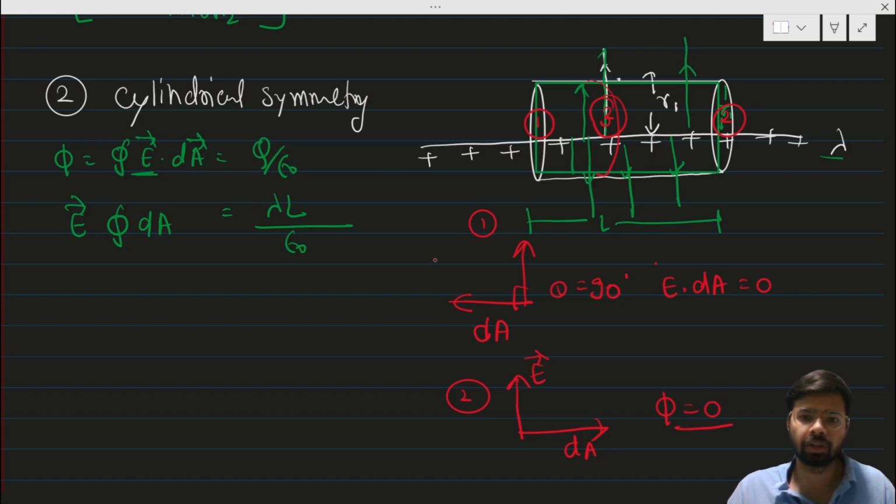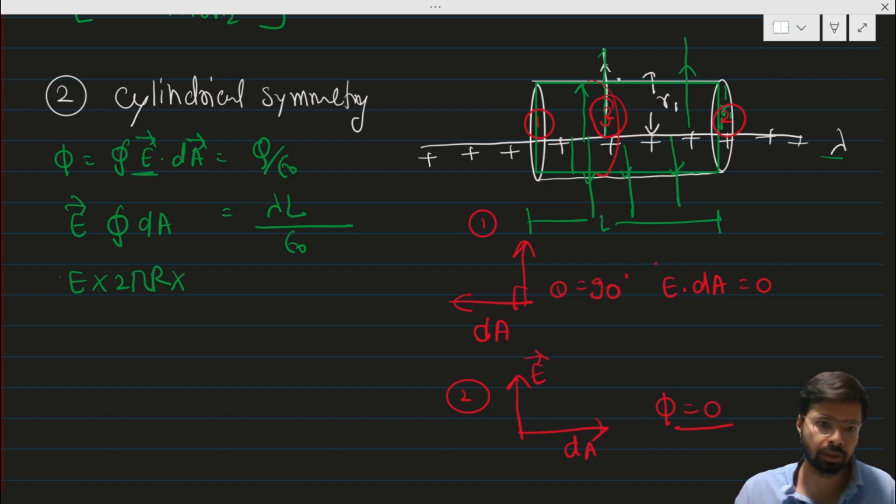So only the third case remains, and for the third case, the area is 2 pi r into L, the surface area.